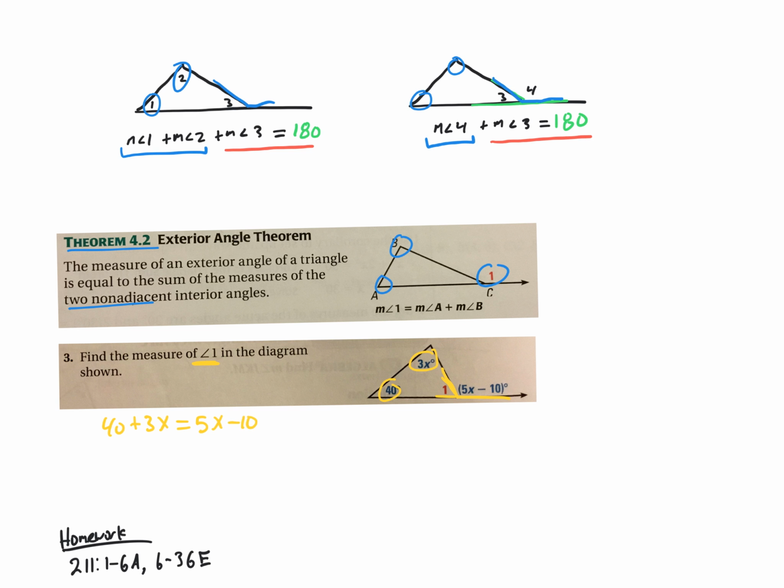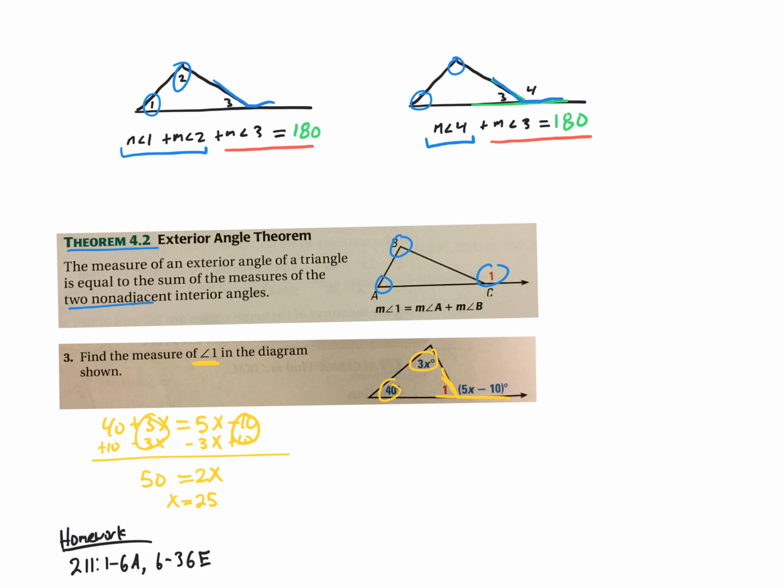So I'm going to add 10 to both sides and subtract 3x from both sides. 40 plus 10 gives me 50. Those two go to 0. 5x minus 3x is equal to 2x. Those two go to 0. Dividing by 2 gives me x is equal to 25.